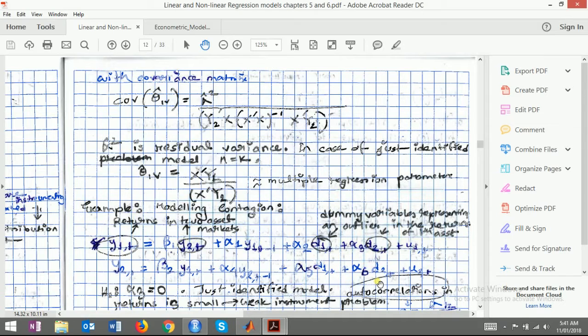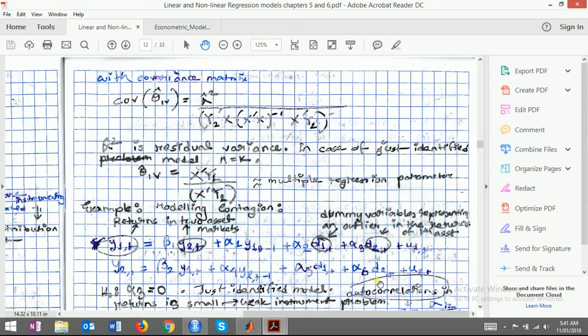And the covariance of the instrumental variable parameter is sigma hat square, the estimated variance, divided by y2 transpose x, x transpose x inverse, and x transpose y2. Now sigma hat square is the residual variance in the case of a just identified model, when you have the number of y2 equals the number of x's, which is the case we have here.